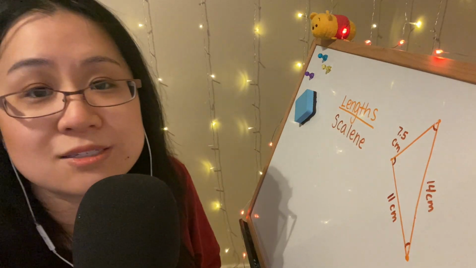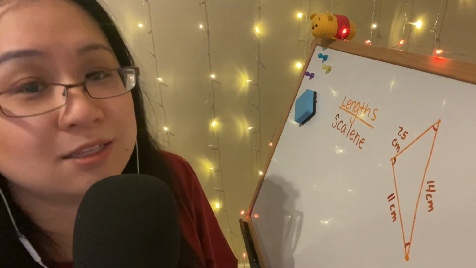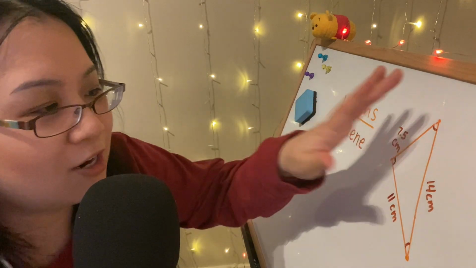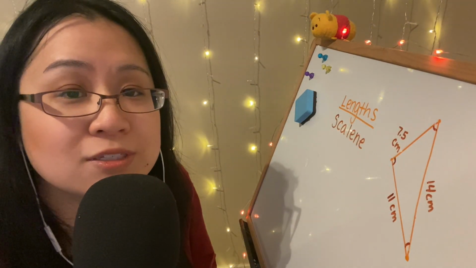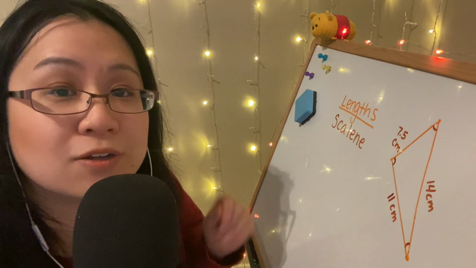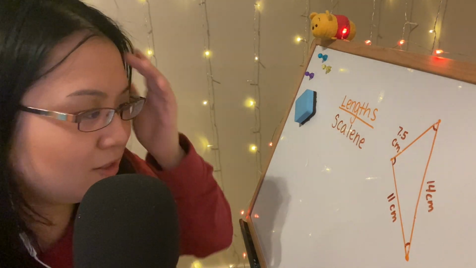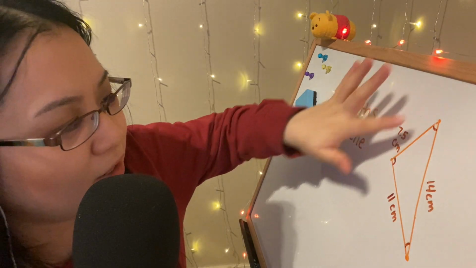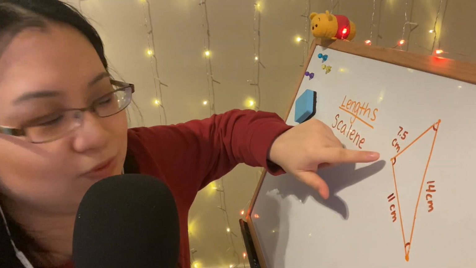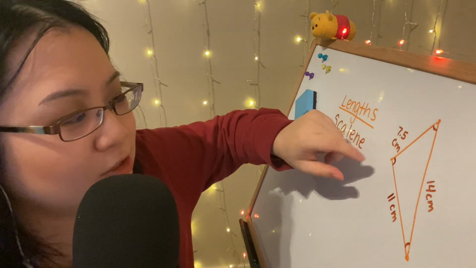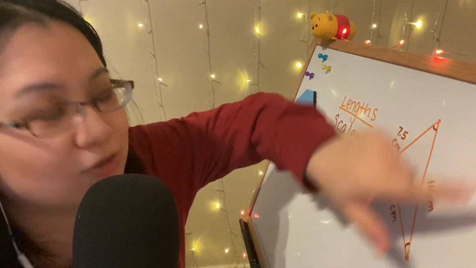S-C-A-L-E-N-E. Scalene. A scalene triangle is a triangle where all the lengths of all the sides are different. All three sides are different. So remember, our triangle is going to be enclosed like this. So it's not just one length, two lengths, three lengths.